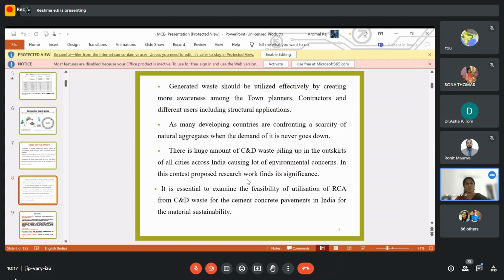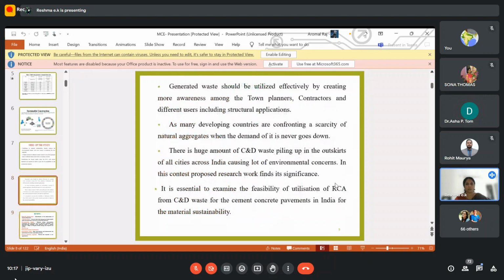So whenever you travel anywhere in India, you could see C&D waste piled up on the roadside. So there are some rules from 2016. The Central Pollution Board has released some rules and regulations. Zonal wise collection is required, then segregation is required. All the rules have come, but actually the zonal wise segregation is not happening in reality.